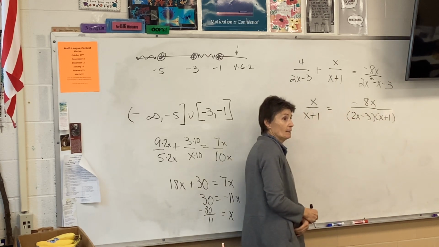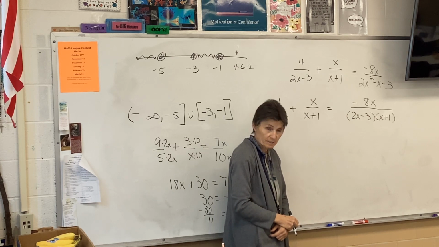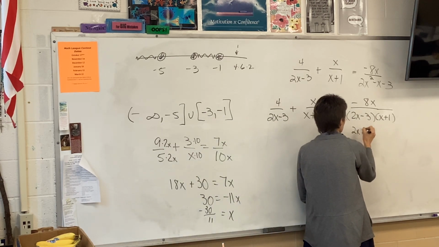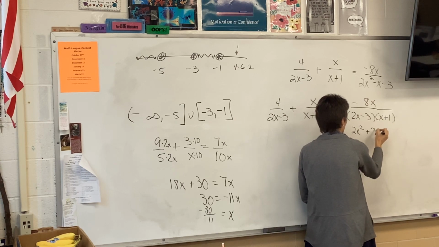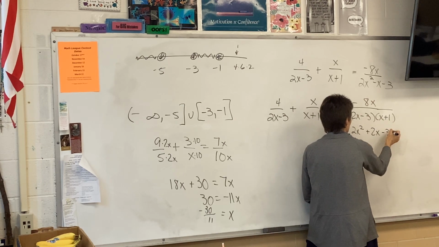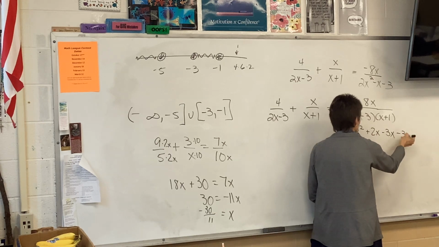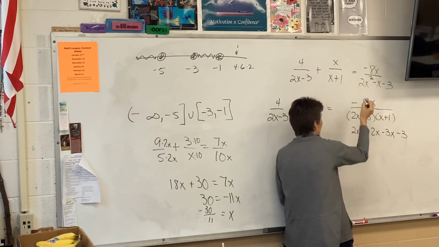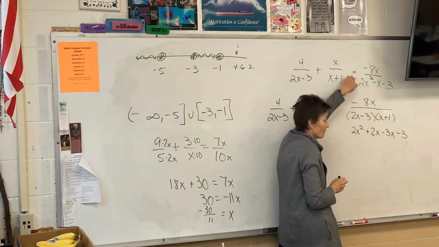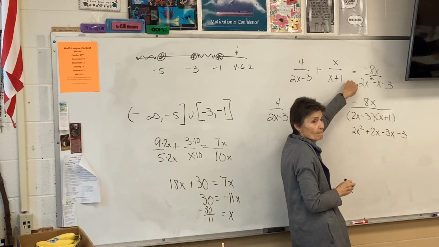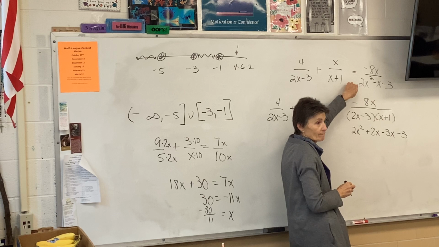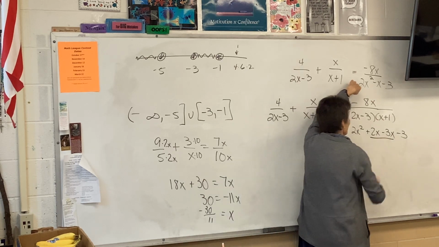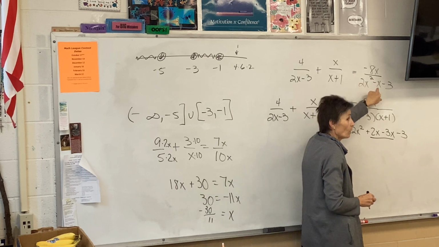Yes. Let's FOIL that, just to make sure. So 2x squared plus 2x minus 3x minus 3. Does all of that add up to what I started with? What's 2 minus 3? Negative 1, right?